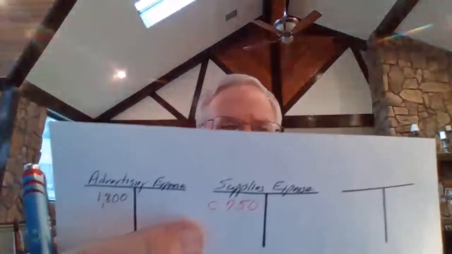So office supplies are going to be credited $750 for item C, with an offsetting debit going to supplies expense. It's on the other page. Supplies expense is getting a $750 debit right there.